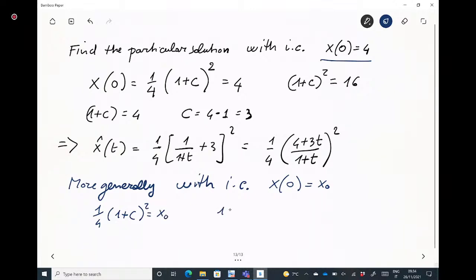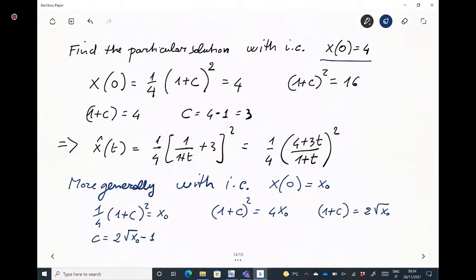So 1 plus c squared is equal to 4x0, okay? 1 plus c is equal to 2 square root of x0. And c is equal to 2 square root of x0 minus 1. Okay? Can you follow the solution steps?